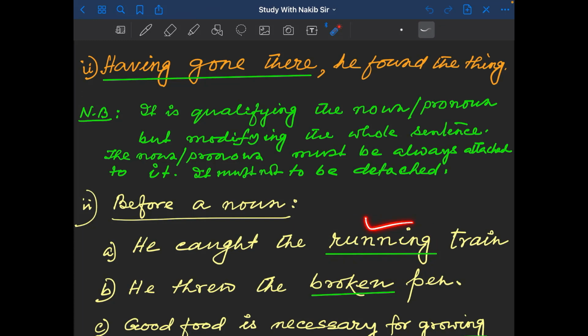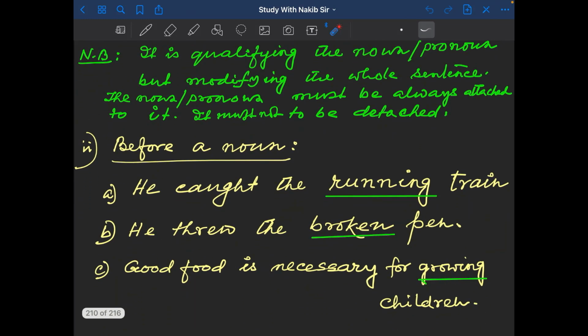So it is used before the noun. Another example, he threw the broken pen. And number three, good food is necessary for growing children. Growing is present participle and it is being used here before the noun children.